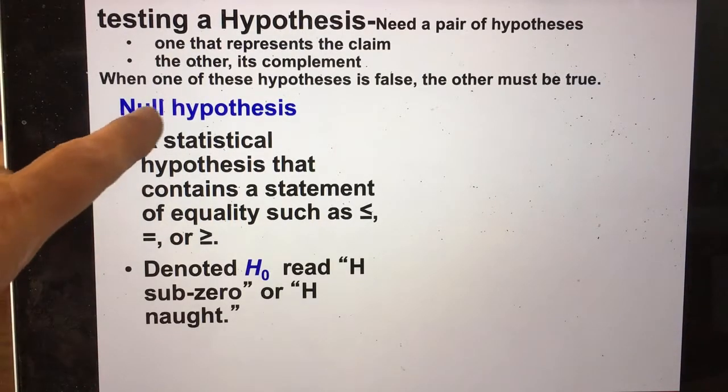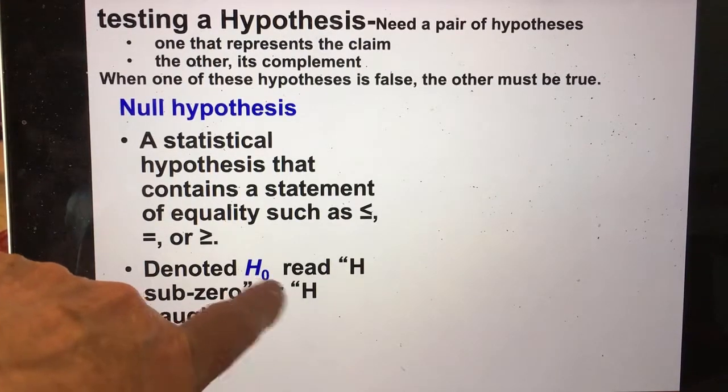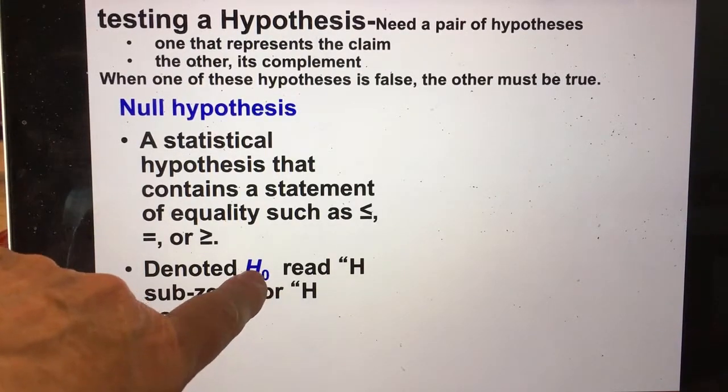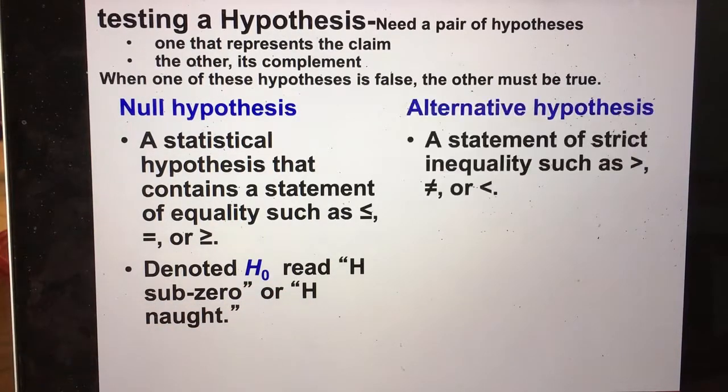We always call the null hypothesis H sub O or H sub naught. So null, H sub naught, H sub 0, and the alternative hypothesis is going to be the complement of that null hypothesis, and it is not going to have an equality in it.